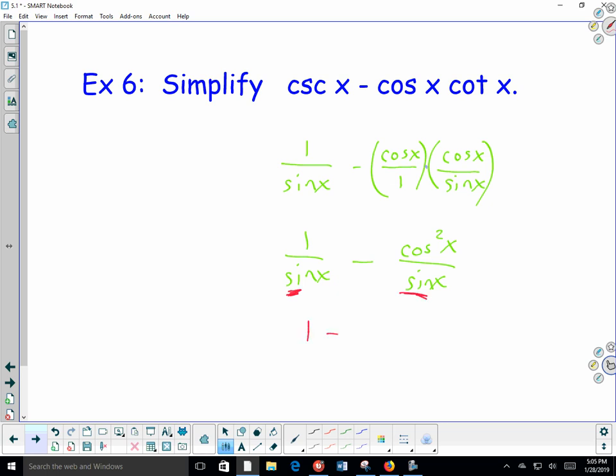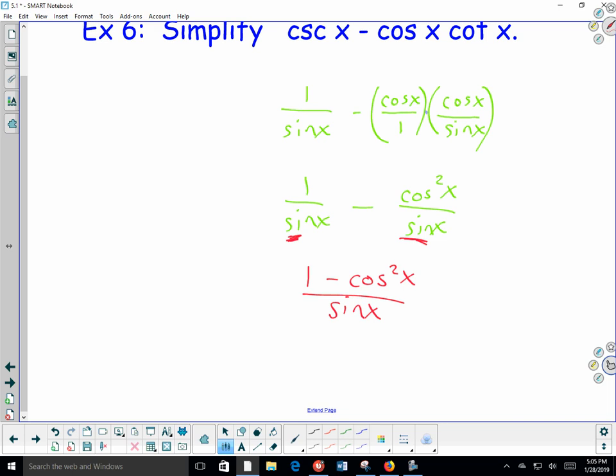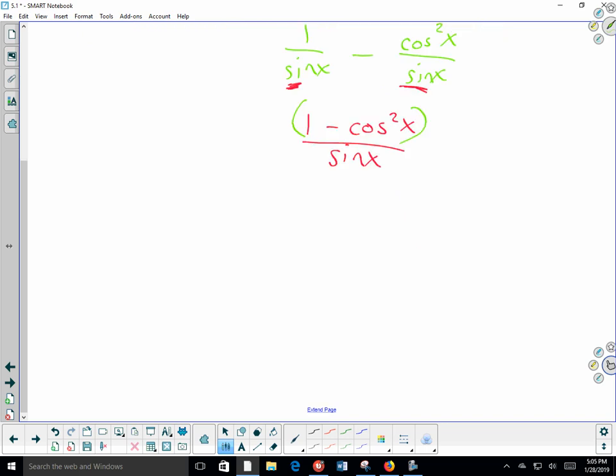So I could really write this as 1 fraction, 1 minus cosine squared x over sine x. All right, and that's looking pretty good, but don't we know what 1 minus cosine squared is? Isn't that one of our identities? One of the things you're going to put on your flashcard.